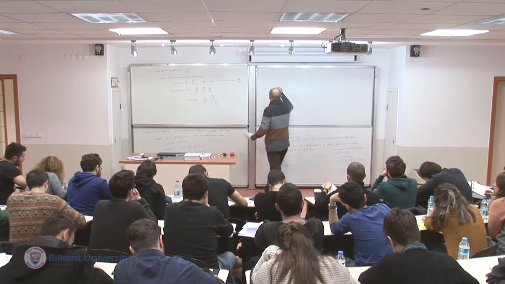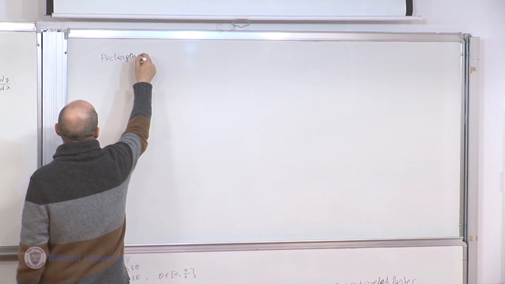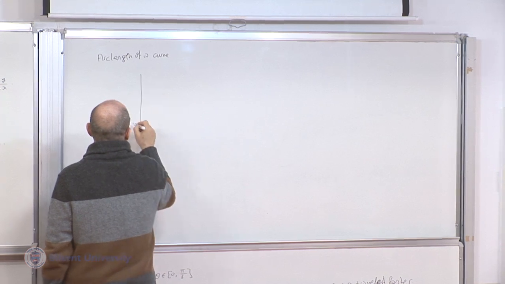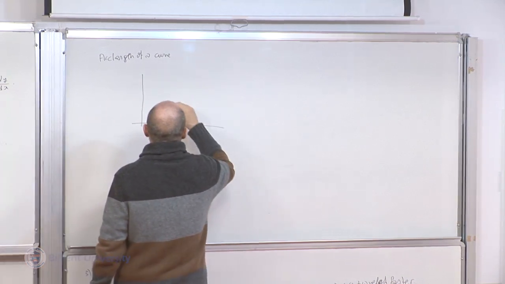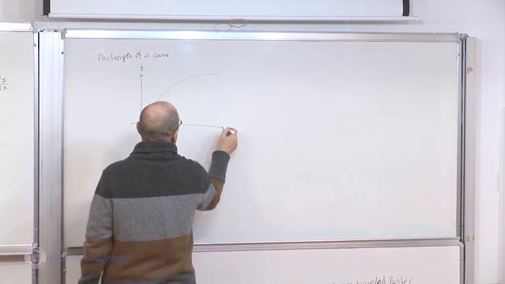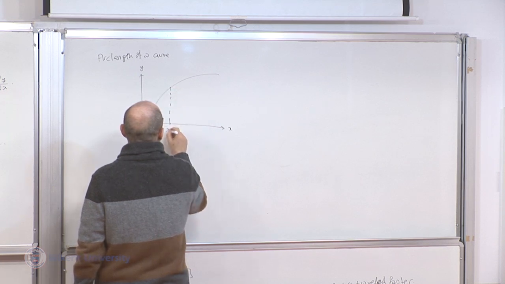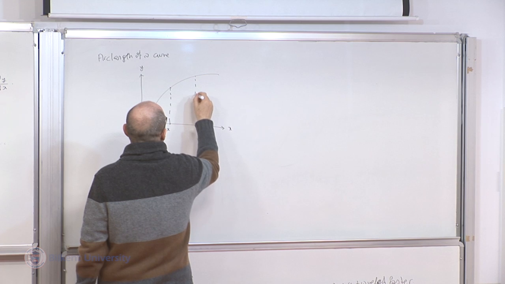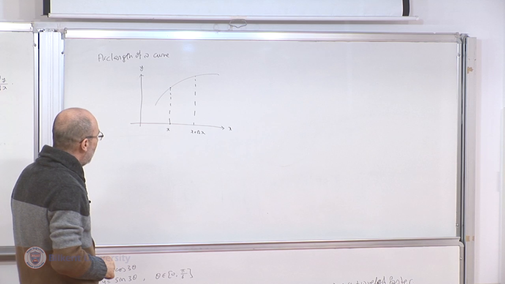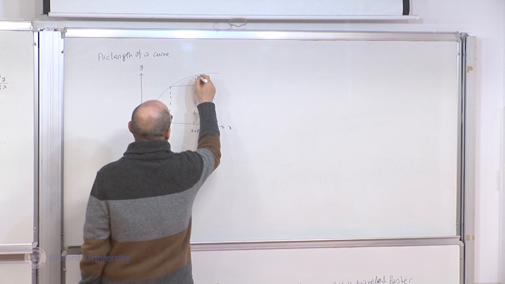So in arc length, this is the approximation we make of a curve. So suppose we have a curve like this. Okay, so this is y, this is x. At this point, suppose this is x, and suppose this is x plus delta x, assuming delta x is positive. Okay, then we have this part.